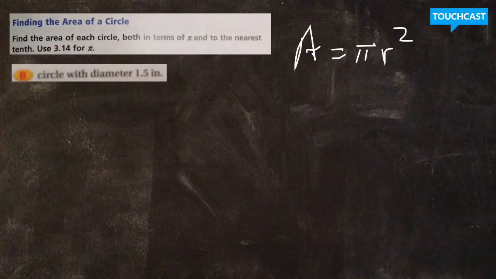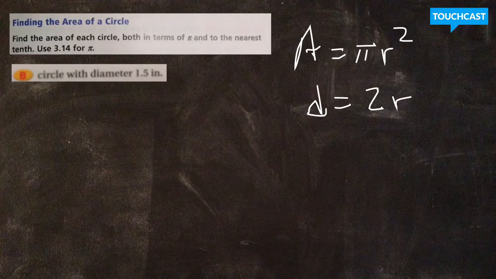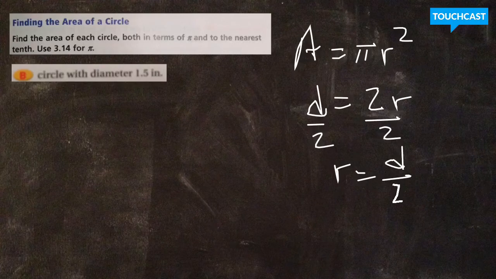So we're given a circle and its diameter is 1.5 inches, but we don't have a formula for finding the area of a circle given the diameter. But we did learn earlier that the diameter is equal to 2 times the radius, which means that we can divide by 2, and our radius is equal to the diameter divided by 2.